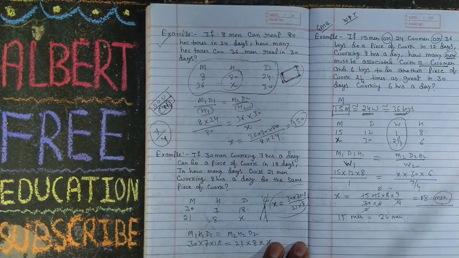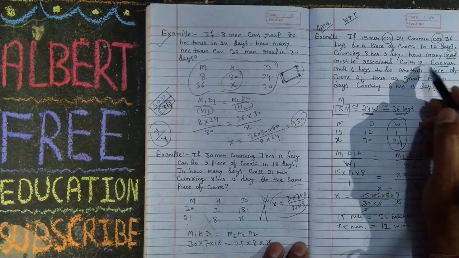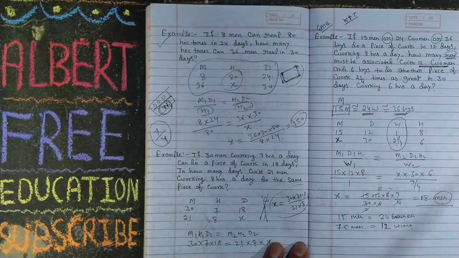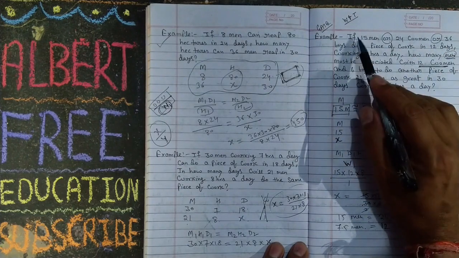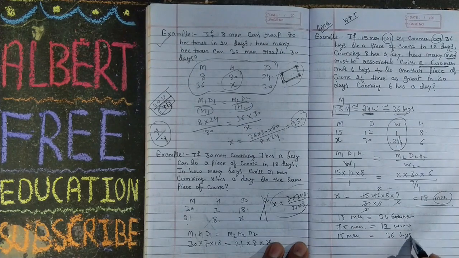What about 12 women? 15 men is equal to 24 women. So what about 12 women? 12 women is equal to 24 divided by 2, this is 7.5 men, because we are thinking about this. And 36 boys is equal to 15 men. 15 men is equal to 36 boys.